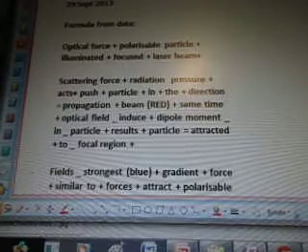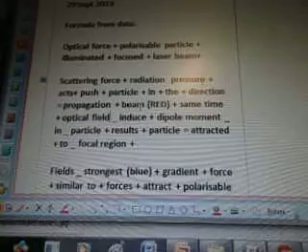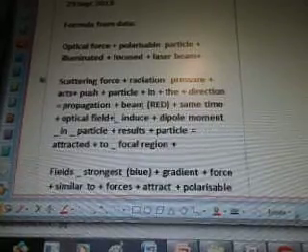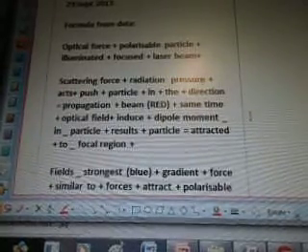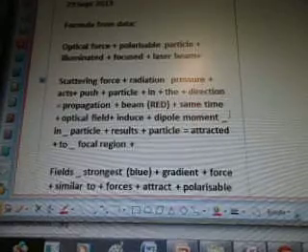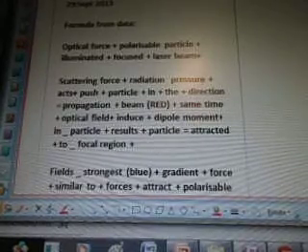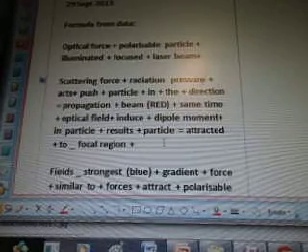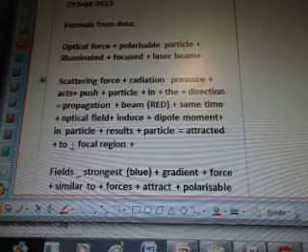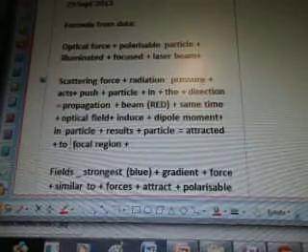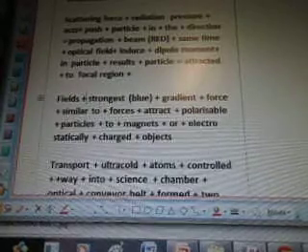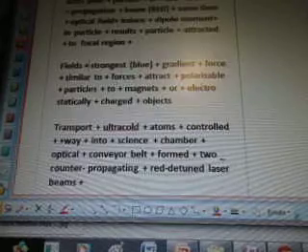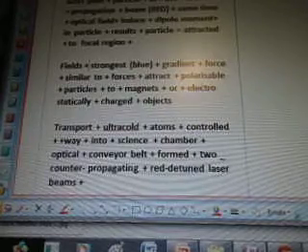At the same time optical fields induce dipole moment in particle, results in particle attracted to focal region. Fields strongest are blue. Gradient force similar to forces that attract polarizable particles to magnets or electrostatically charged objects.